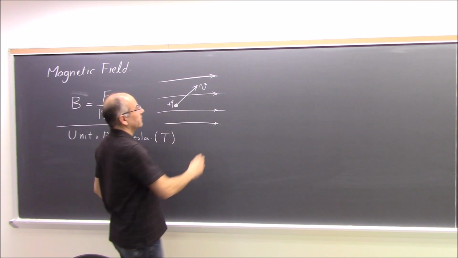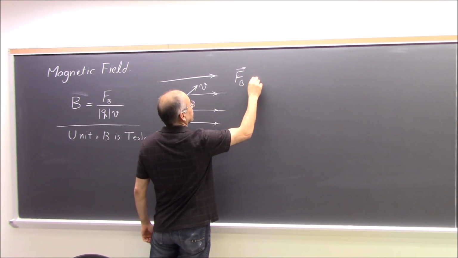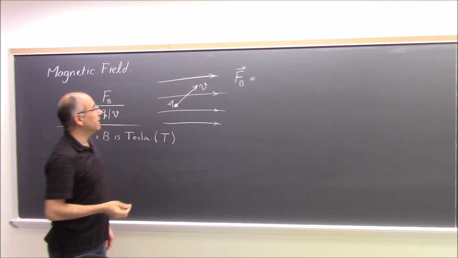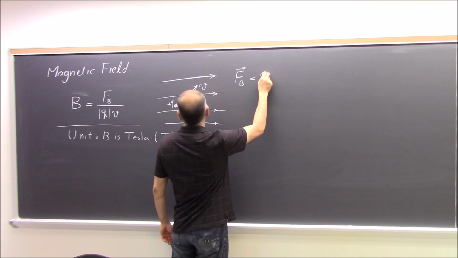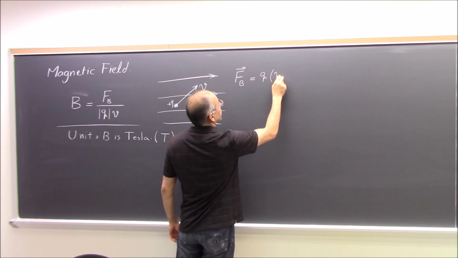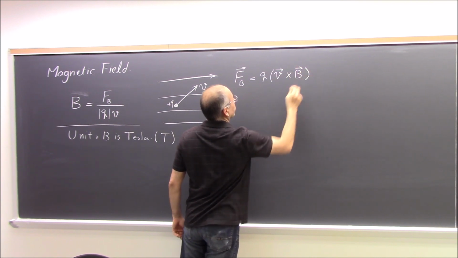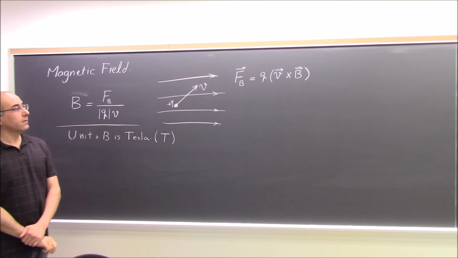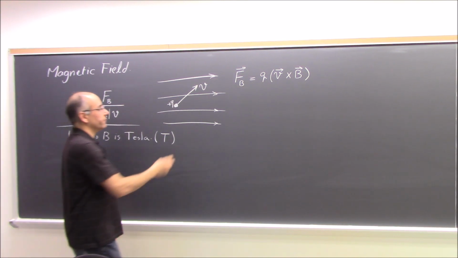The magnetic force, F, has a magnitude and direction, and it can be expressed as Q times V cross B. This is the magnetic force, and you know how to do the cross product.